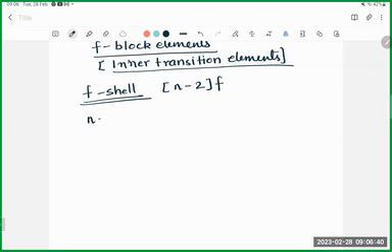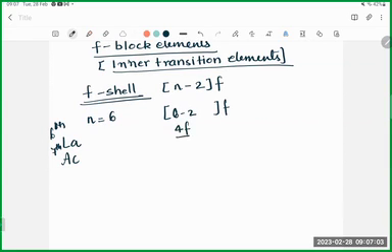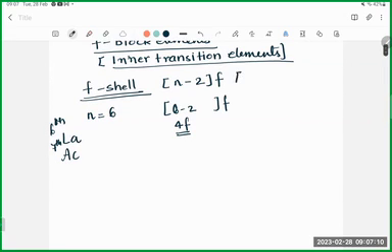It means if you have n value 4, or 5, because that does not exist in a fourth group's element. The lanthanum and actinium series belong to period 6 and 7, right? So if it is 6, then 6 minus 2, n-2 f, will be 4f. This is called the anti-penultimate subshell. What do you call this as?